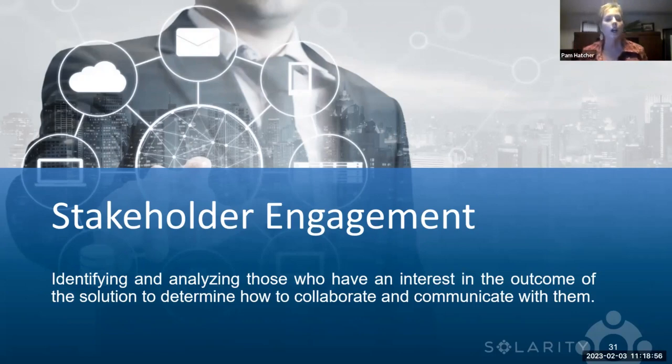So, all right, we're on the second one, which is stakeholder engagement. The first one was needs assessment. Here we're asking: have we identified and analyzed those who have an interest in the outcome of the solution, so as to collaborate and communicate with them, because they need to be part of it?